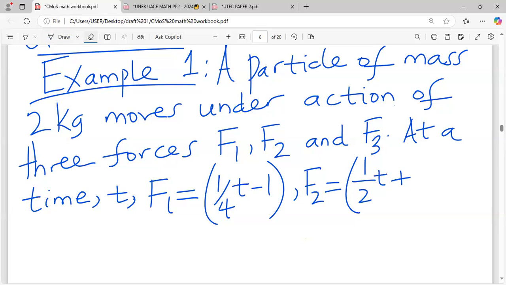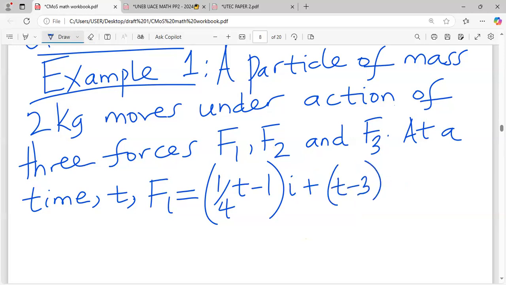This question is serious. Yeah, these are vectors, and that is a force, so you have to put in newtons.